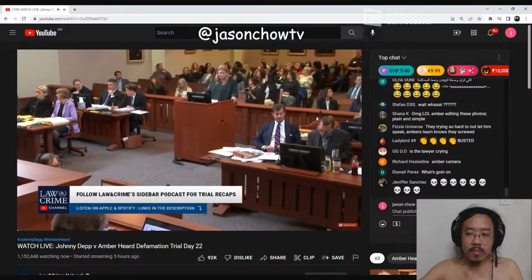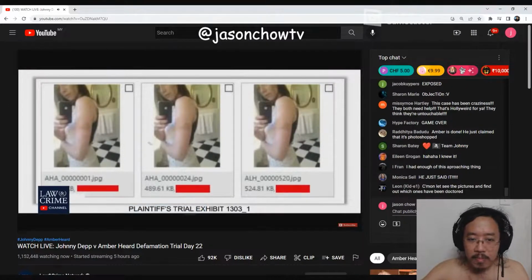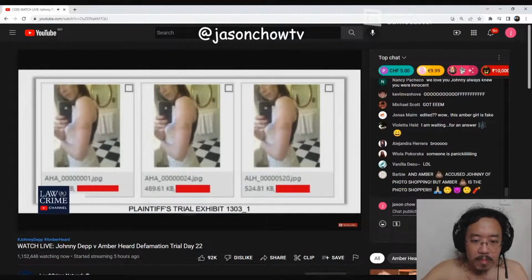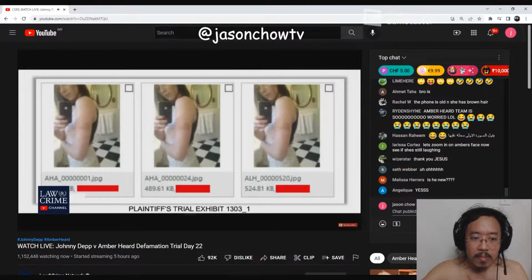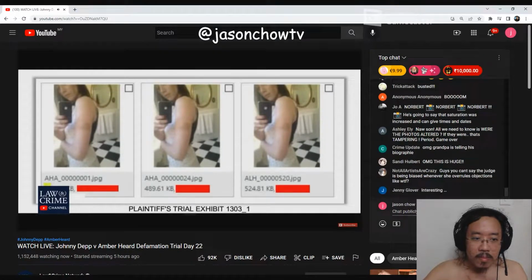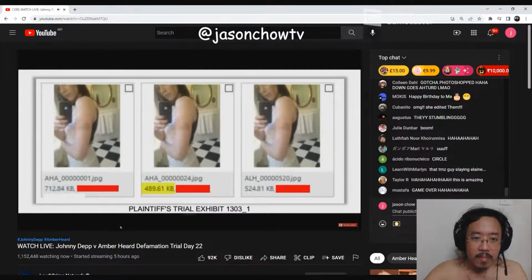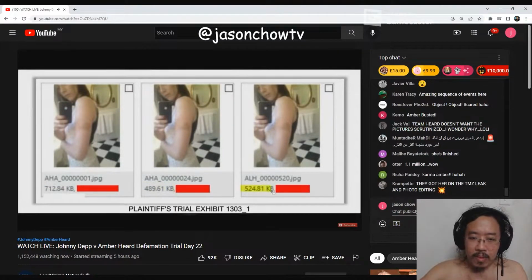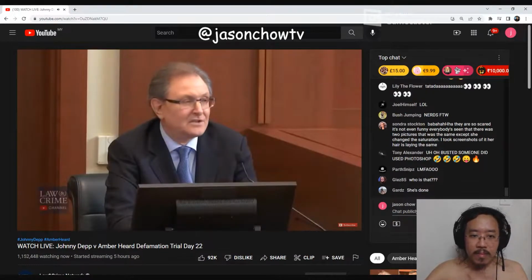And Mr. Neumeister, what does this demonstrative show about the photos that you analyzed? Well, they appear to be similar. However, if you look below at the file sizes, the one on the left is 712 kilobytes, the one in the middle is 489 kilobytes, and the one on the right is 524 kilobytes. Now, what's unusual about that is these photos will not digitally fingerprint with each other.